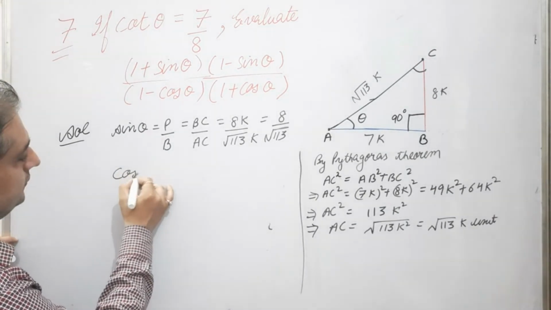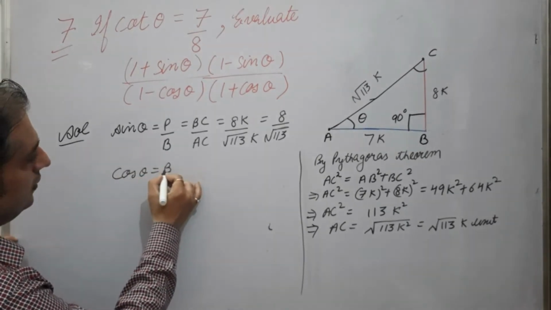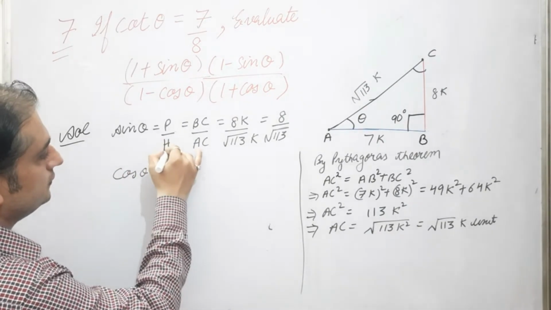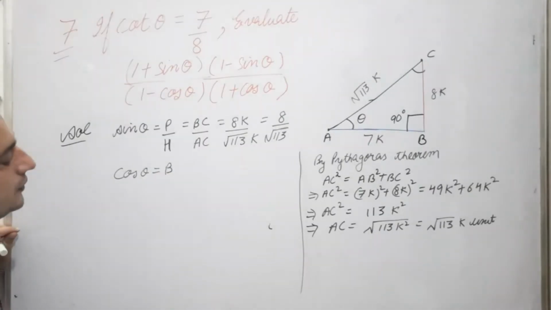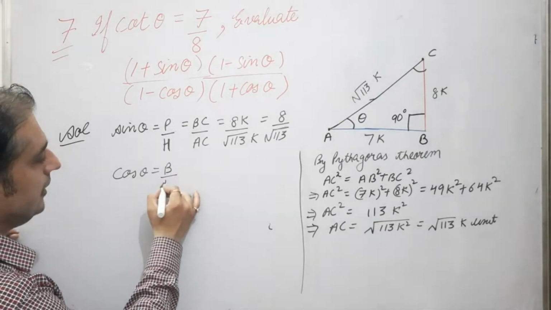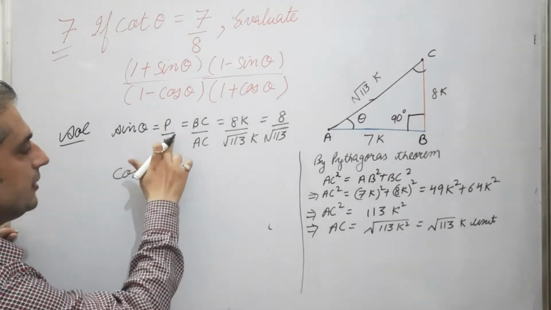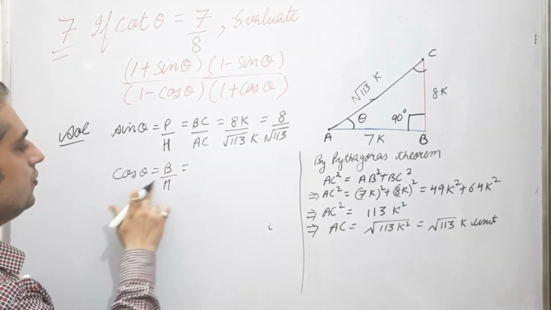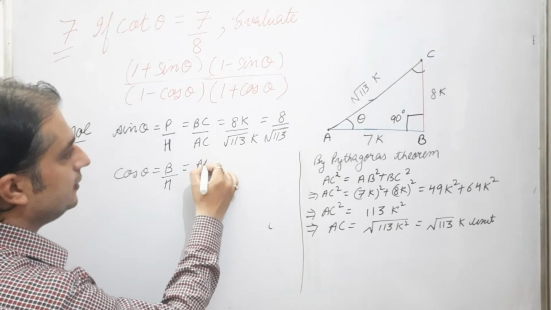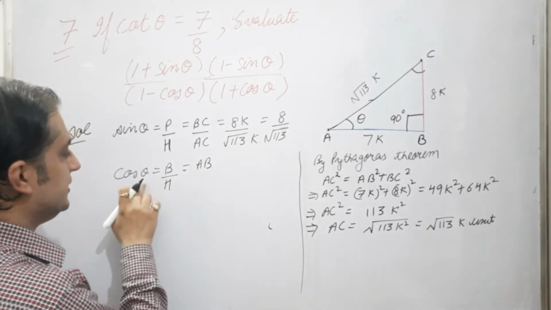Similarly, cos theta is base upon hypotenuse. Sine theta is perpendicular upon hypotenuse and cos theta is base upon hypotenuse. So this will become AB for this angle of reference theta.